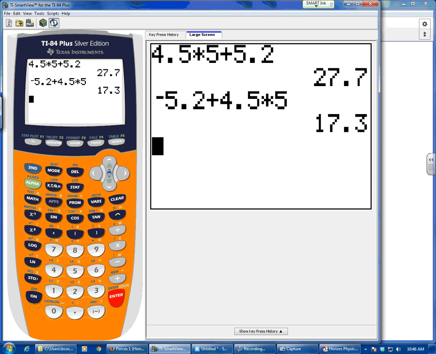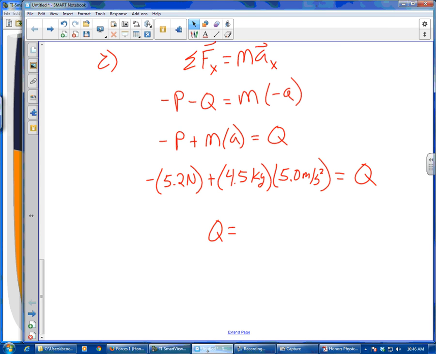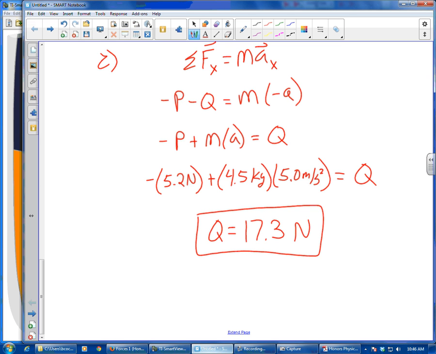I get 17.3. So there's the magnitude of Q in the third case.